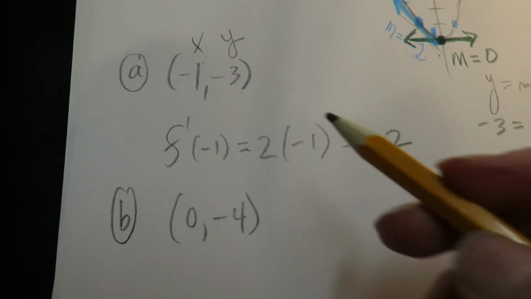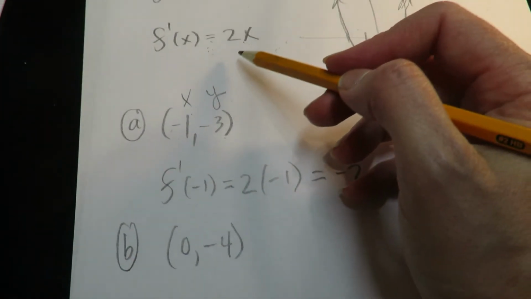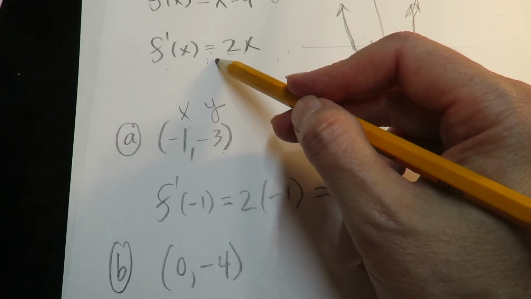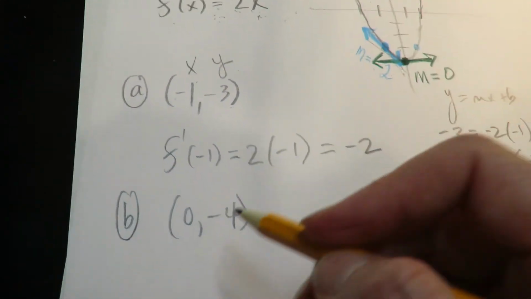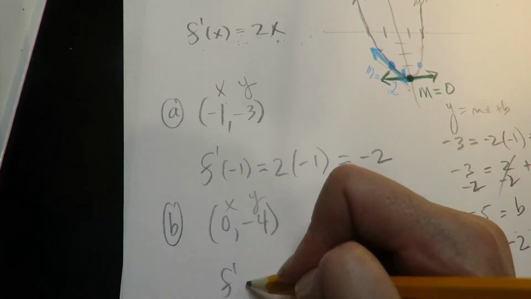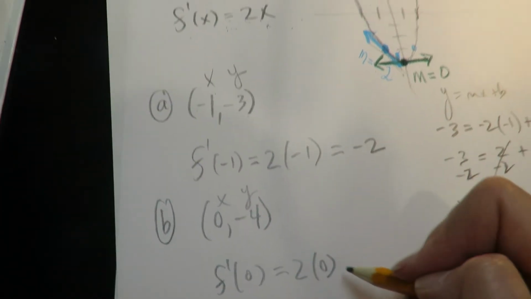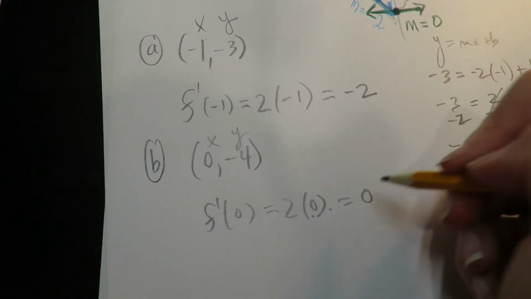But let's actually calculate this. Do you remember how you calculate the slope? You use the derivative, which is the slope generating function. So I'm going to do f prime of the x value. It only needs the x value so far. So I'm going to plug in x is 0, and this is going to be 0.